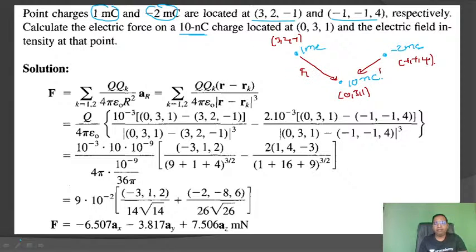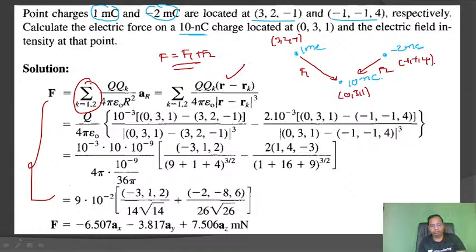If it is F1 and F2, then the total force acting on the 10 nanocoulombs due to both these point charges can be taken as F1 plus F2. That's what this sigma represents. So please check the problem once, guys. All of you carefully check the formula as well as the problem.